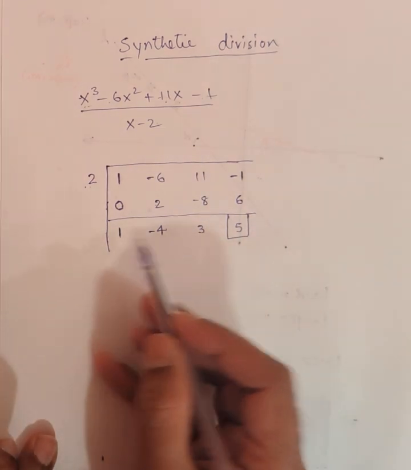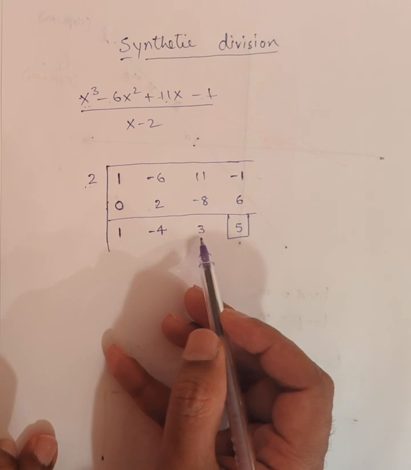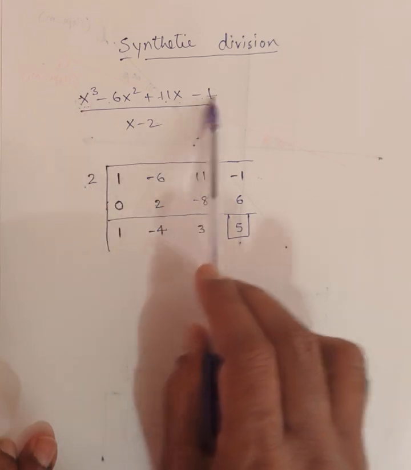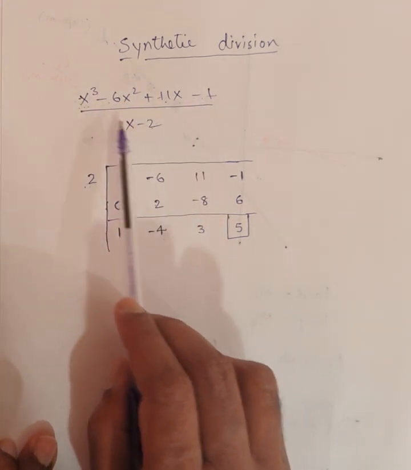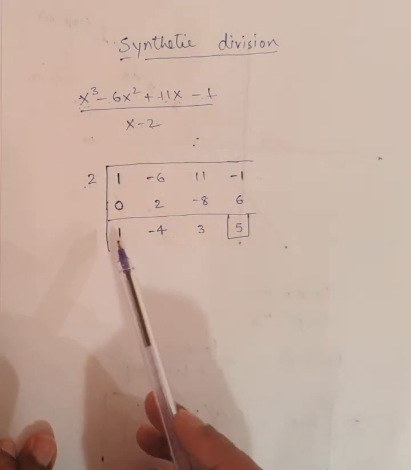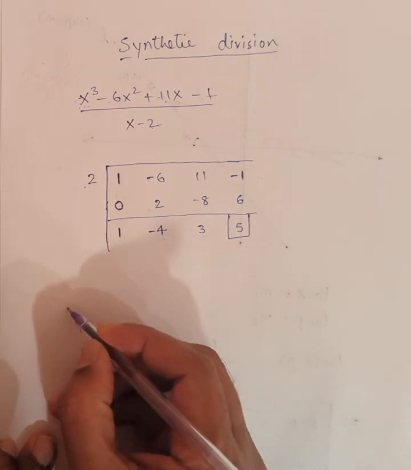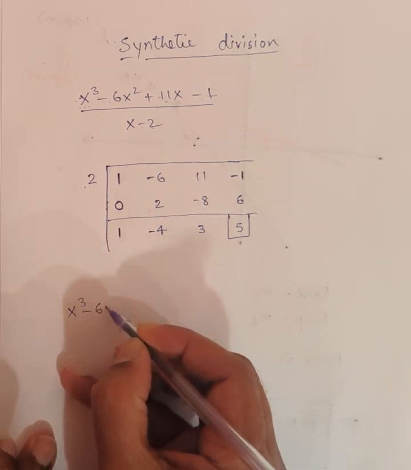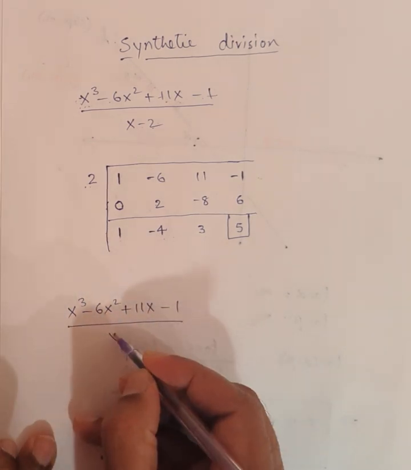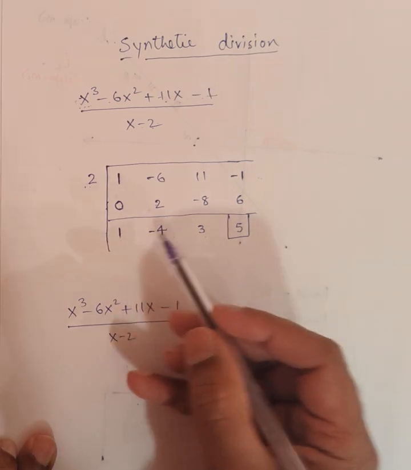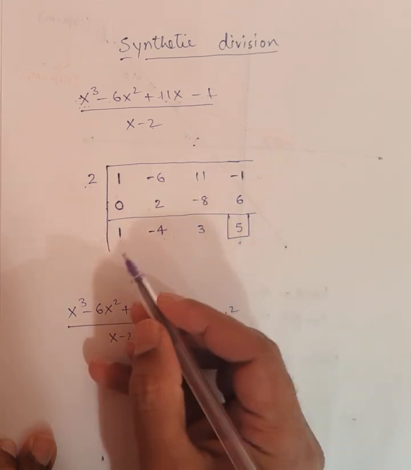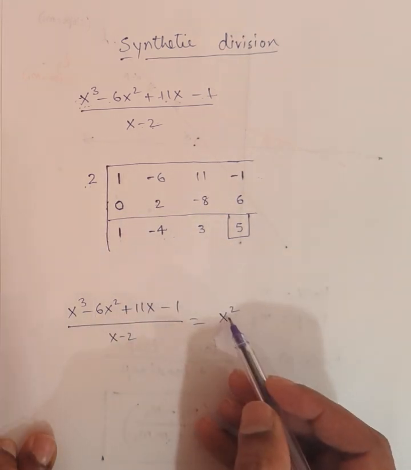And what you have here are the coefficients of your quotient. So if you are dividing a third degree, cubic polynomial by a linear polynomial, the quotient is going to be a second degree, or quadratic, polynomial, and these are its coefficients. So x cubed minus 6x squared plus 11x minus 1 divided by x minus 2 happens to be a quadratic polynomial with these coefficients, meaning I'll have x squared, since the highest power is 2.